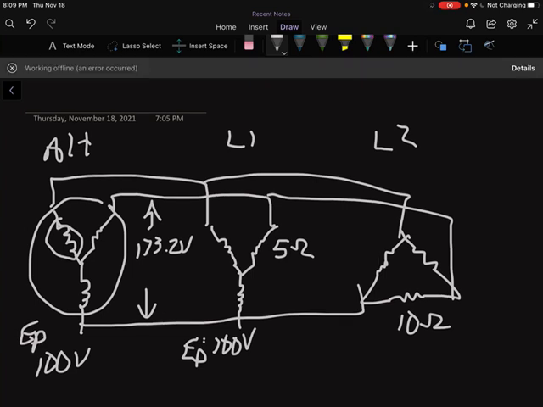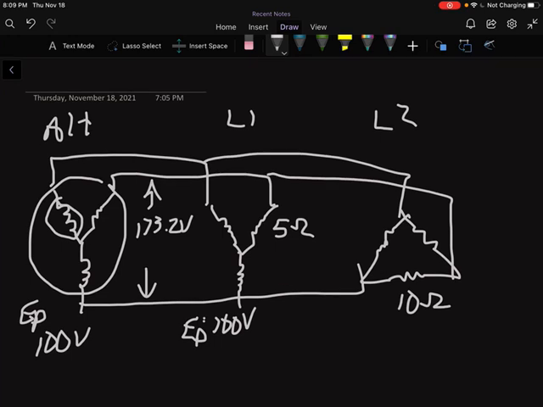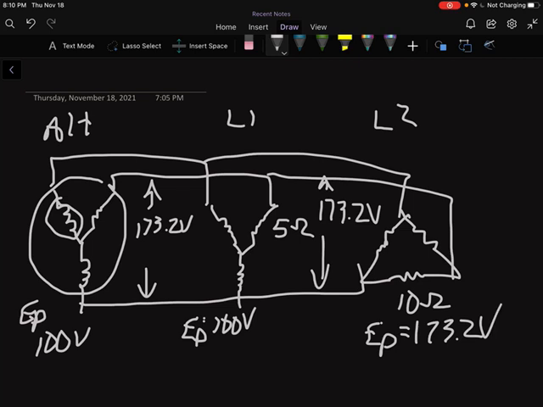That would also mean that we have the same voltage, 173.2 volts, all the way over here. And the rule in delta, as we've already talked about, is that our phase voltage is the same as our line voltage. So our phase voltage all the way over here is going to be 173.2 volts.